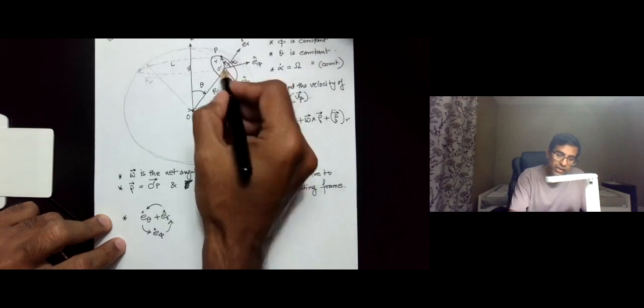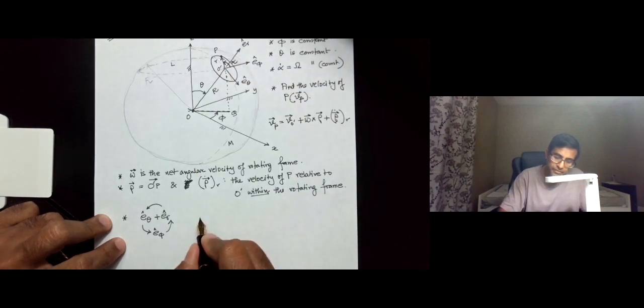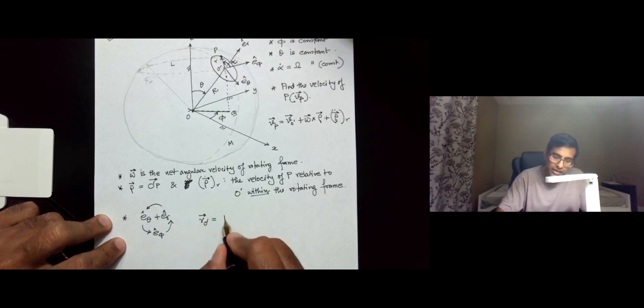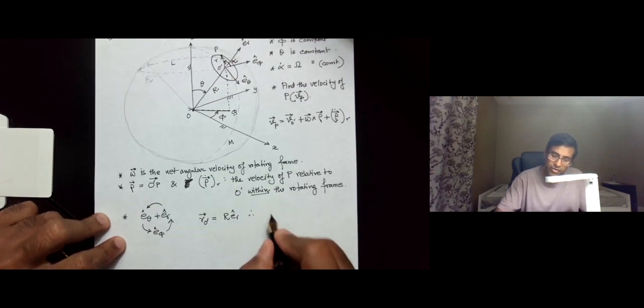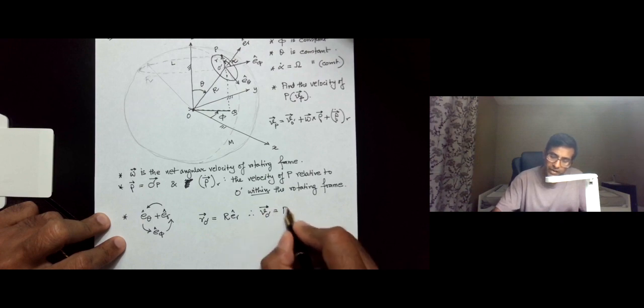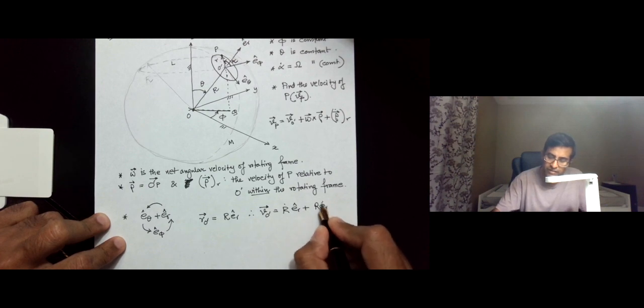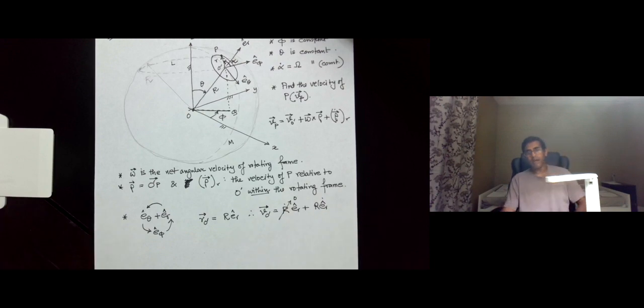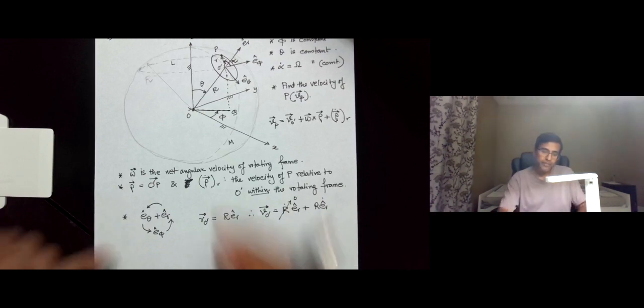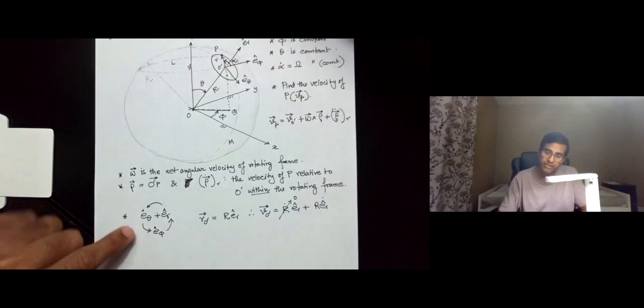Now first we need to find the velocity of O prime. Okay, so first we note that r O prime is nothing but capital R ER, right? And so therefore V O prime is equal to r dot ER plus r ER dot. But r dot is 0 because we have a gyroscope or a top which has this length to be a constant.